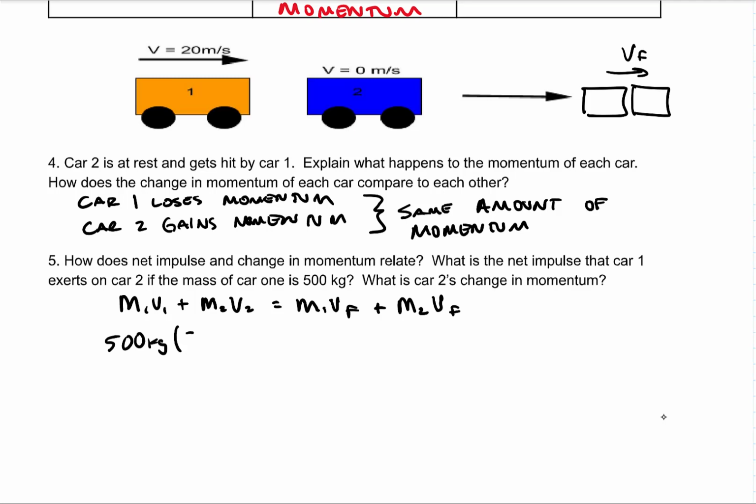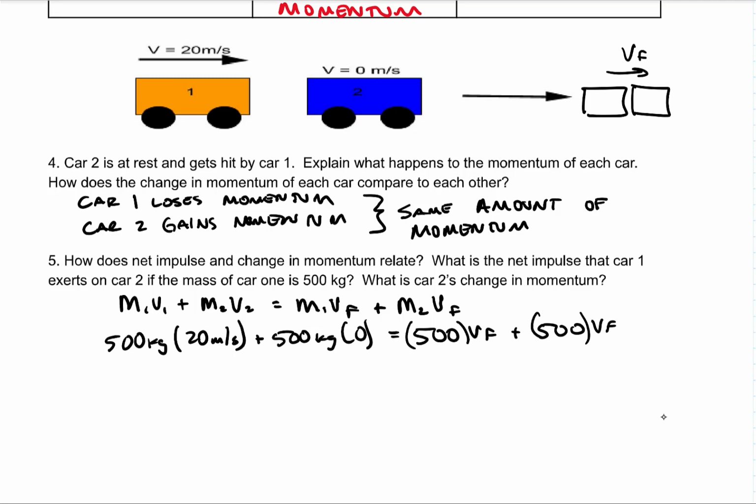So 500 kilograms times 20 meters per second plus 500 kilograms times 0 meters per second for car 2 equals 500 kilograms times v final plus 500 kilograms times v final.